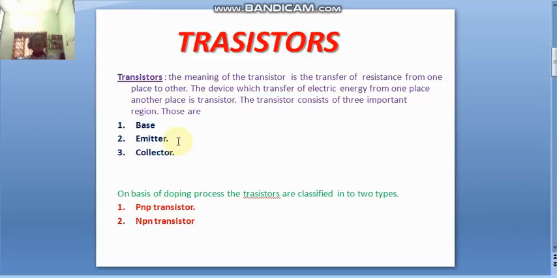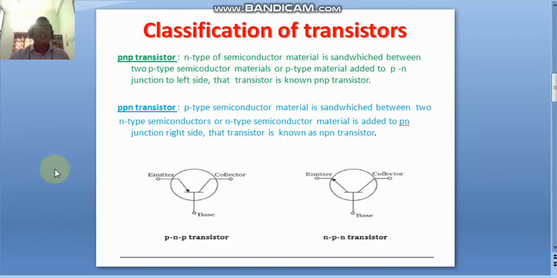On the basis of the doping process, transistors are classified into two types: one is the PNP transistor and the second is the NPN transistor. The first one is the PNP transistor.